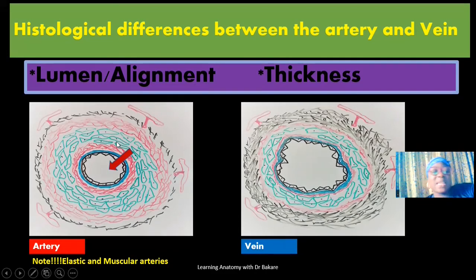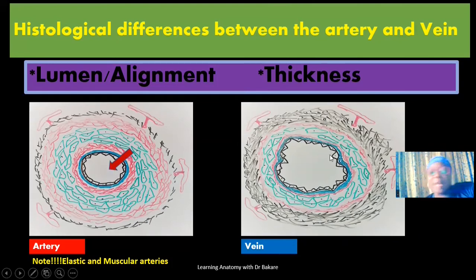If you look at the tunica media in the artery, this is the region that we've highlighted in green here, also supported by the elastic laminar layer on the inside and also on the outside. So if you look at this central portion for the artery, this middle muscular layer that is also referred to as the tunica media, you see that it is thick, and this also helps to reinforce the circumference of the lumen, and that is why they are well aligned.